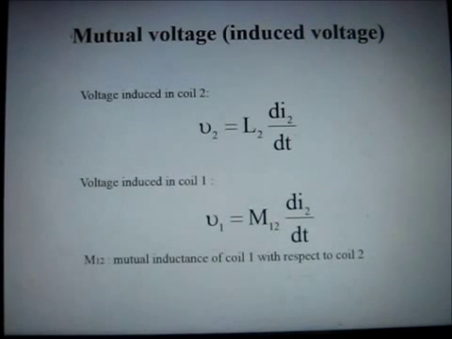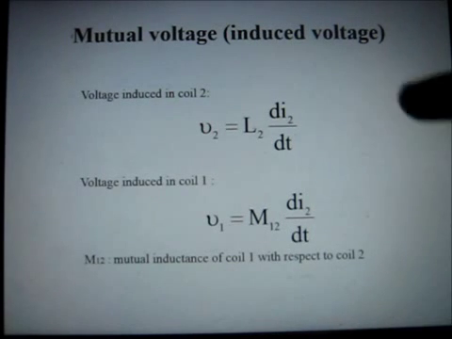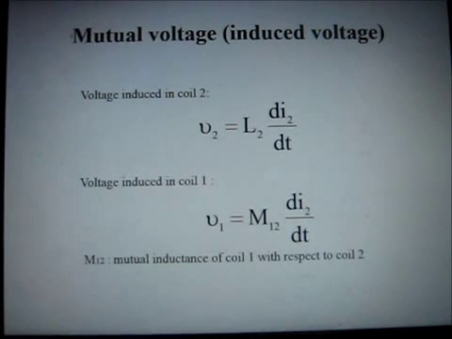Similarly, there will be voltage induced, that is V2 equals L2 di by dt, and in the case of coil 1 there is no self-inductance. It is V1 equals M12 di2 by dt. This M12 represents mutual inductance in coil 1 with respect to coil 2. This means mutual inductance in the first coil with respect to the second coil is denoted as M12.